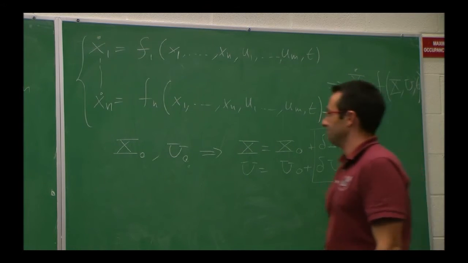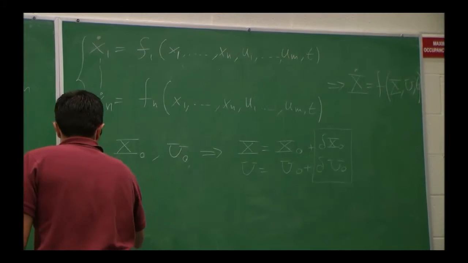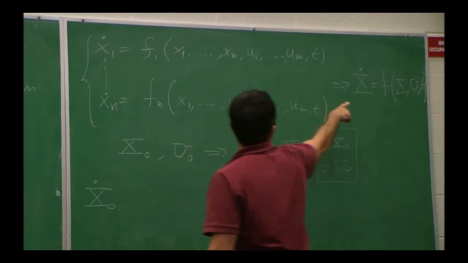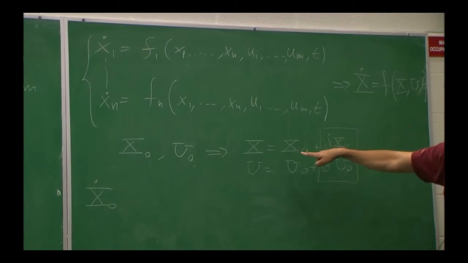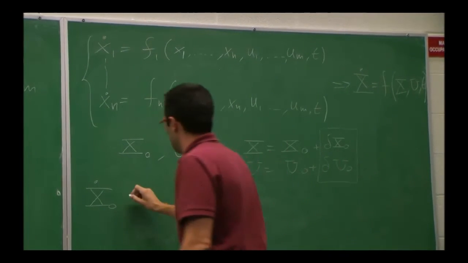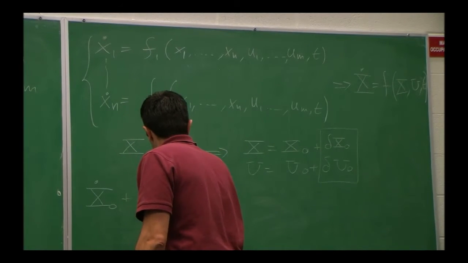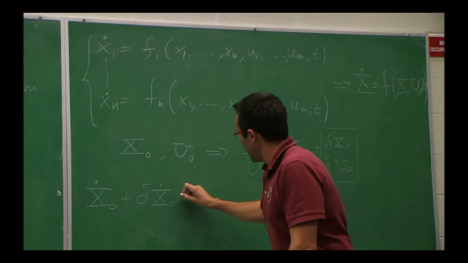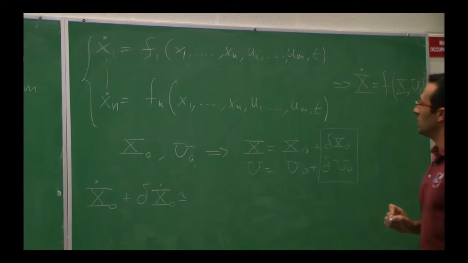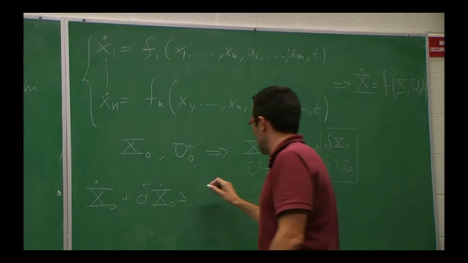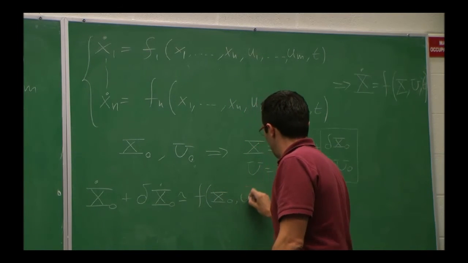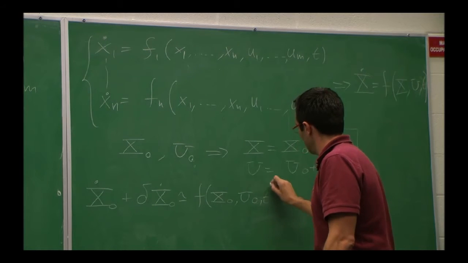Well, series expansion, right? No surprise. X dot, so this equation up here, if I use this substitution, becomes x dot 0 plus delta x dot 0. And this is almost equal to, if I linearize this big function here, what? The function computed at the linearization point, right?